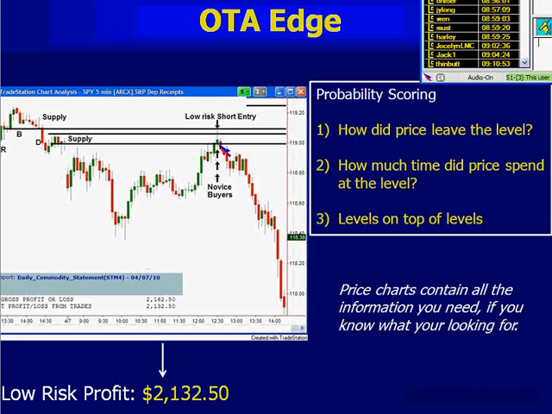If we focus on the buyers right here where I'm pointing to, these buyers are making those two mistakes. Mistake number 1, they're buying after a big rally in price. Mistake number 2, they're buying right into a price level where supply exceeds demand. So instead of being the novice buyer here, we want to be the seller to this buyer.